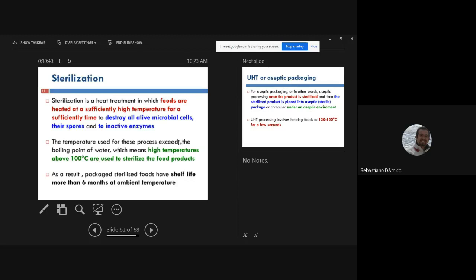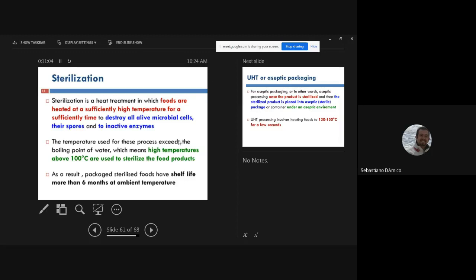The goal is always to destroy alive cells and spores, and inactivate enzymes. The temperatures used exceed the boiling point of water, so high temperature above 100 degrees Celsius.